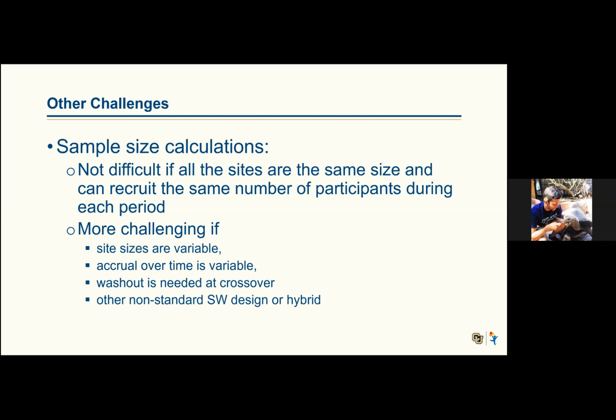Erin and some of my colleagues are working on a script to figure out how to have a more flexible way of calculating the sample sizes. But site sizes are variable. You can kind of guess about that. The washout is a critical issue, and if there are other non-standard ways that you want to adopt this, it's going to require a very sophisticated statistician to be able to implement that.